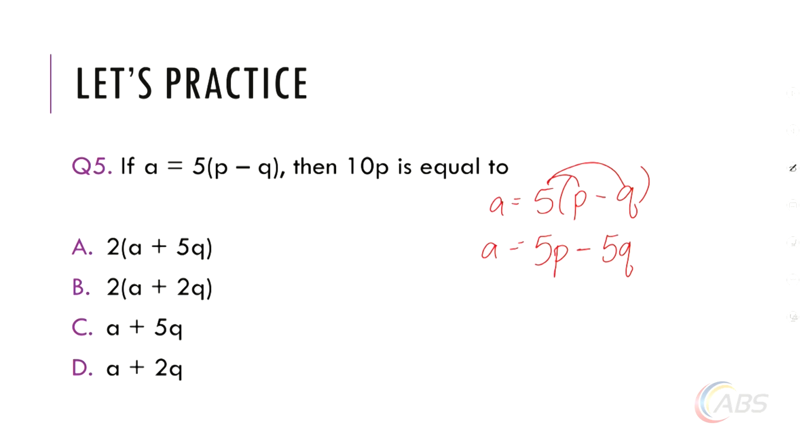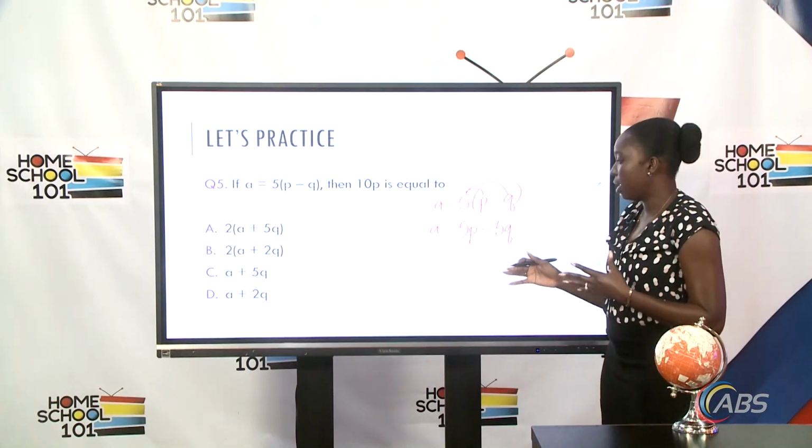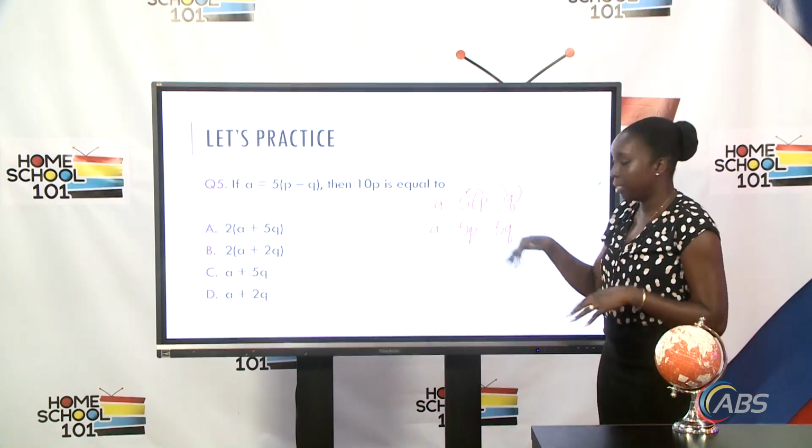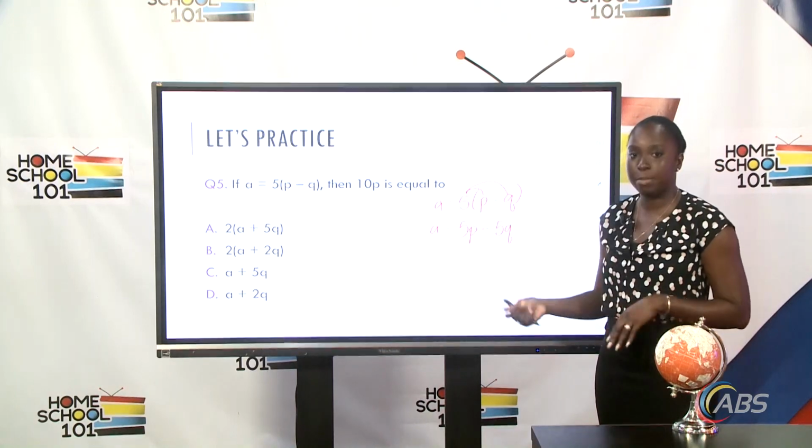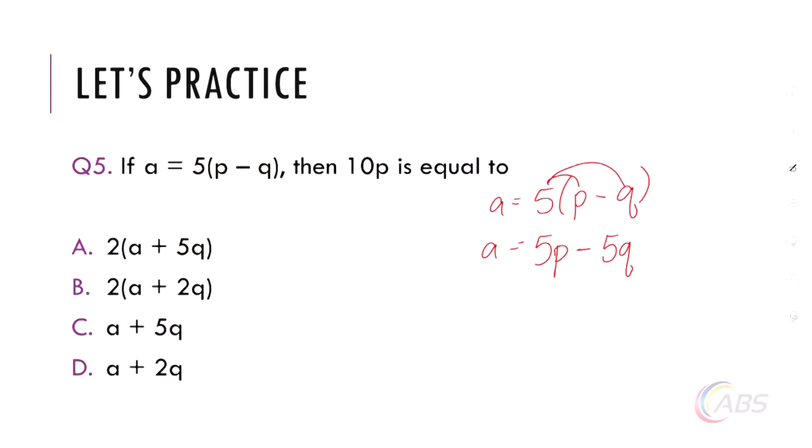And so I can rearrange the equation here and then get my 5P to change to a 10P, or I can multiply both sides to change it to the 10P and then rearrange. So I'm going to rearrange. Because I'm solving for that part there, I'm going to take this part to the other side of the equal sign. And so to my right side, I have 5P. On my left, I have A. And when I take a negative 5Q across the equal sign, it becomes plus 5Q.